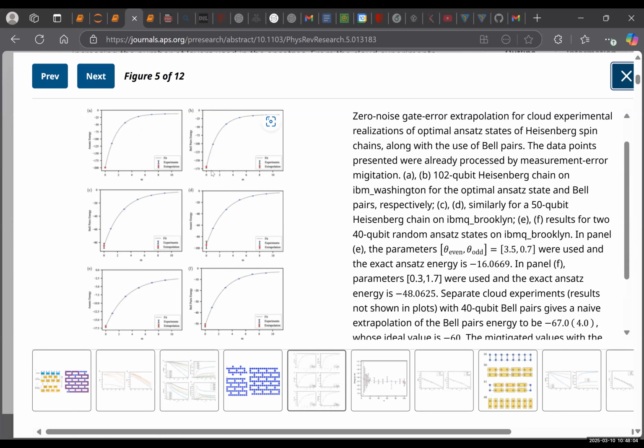state that we call bell pairs. And by measuring the energy of the bell pair and doing the same extrapolation, their ratio will give you how much off. Their ratio should behave similarly. But if you know the exact bell pair energy, then you can do a correction.